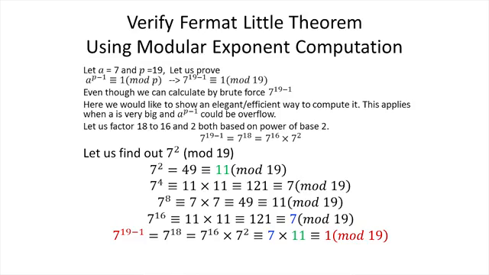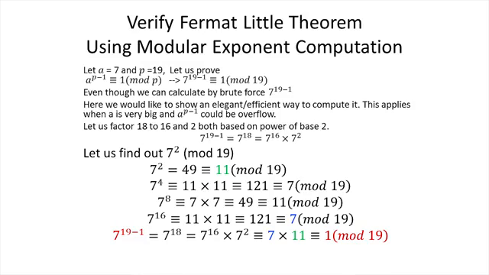Let's prove that 7 to the power of 19 minus 1 and 1 are congruent modulo 19. First, 7 to the power of 19 minus 1 is equal to 7 times 7 to the power 18. We can take the exponent 18 and factor it out based on the powers of 2. So it's equivalent to 7 to the power of 16 times 7 to the power 2.